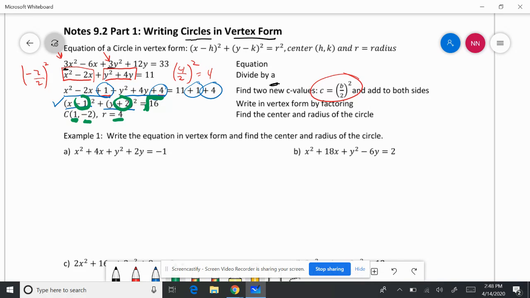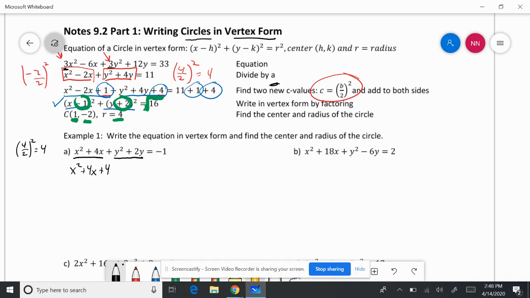So let's look at our first example. We don't have an a value in front of these, so we're going to go straight to completing the square. For the first one, we have 4 divided by 2 squared is 4. So we have x squared plus 4x plus 4.